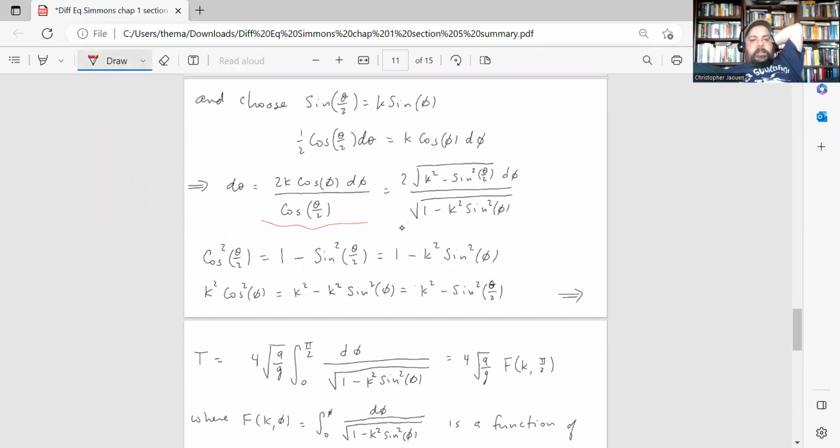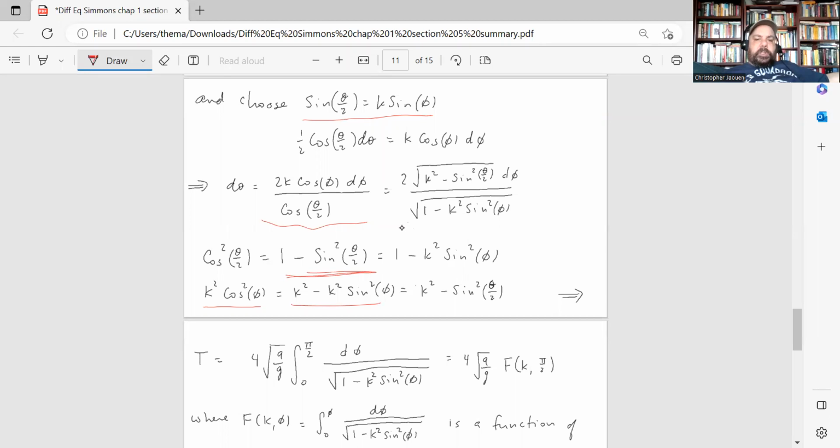And then using the fact that cosine squared theta over 2 is 1 minus sine squared theta over 2, which is the same thing as 1 minus k squared sine squared phi from the substitution. And then same thing over here, k squared cosine squared phi is equal to k squared minus k squared sine squared phi.